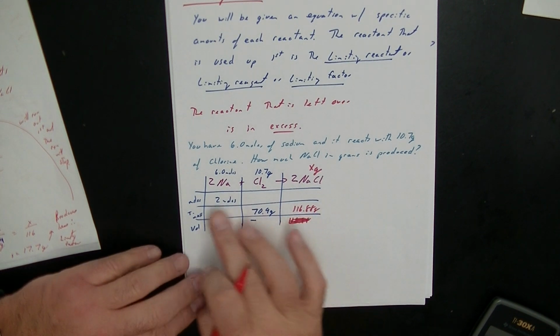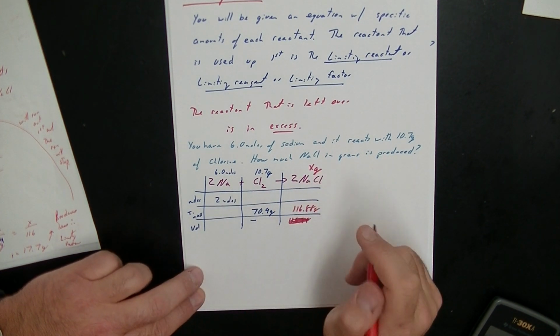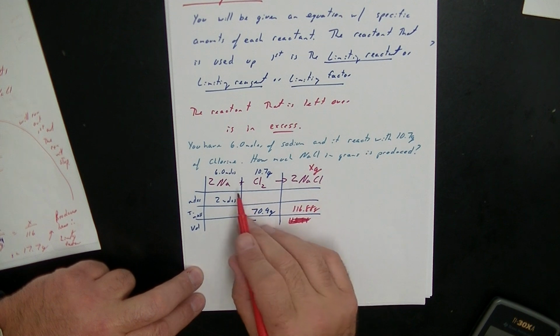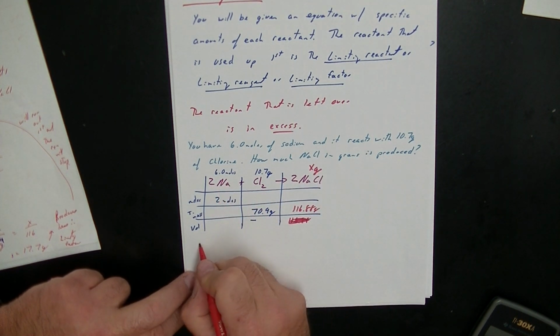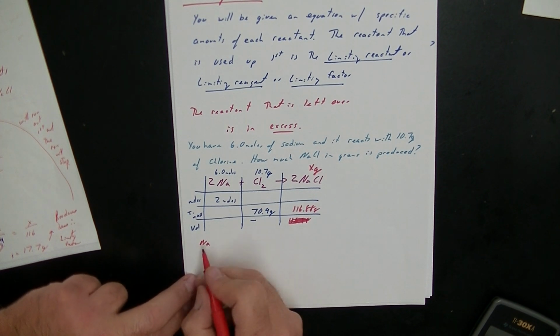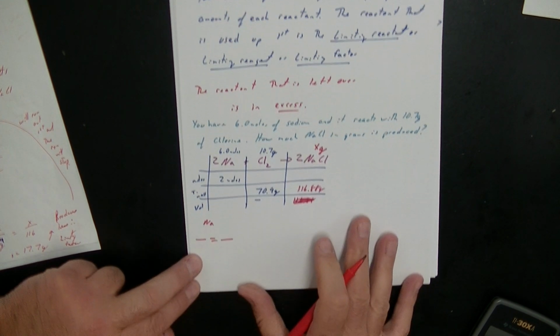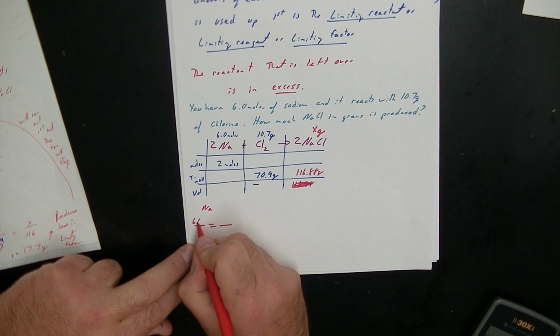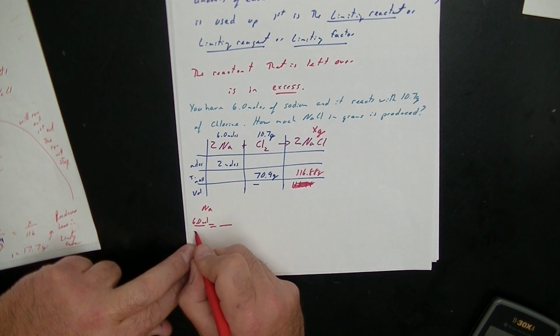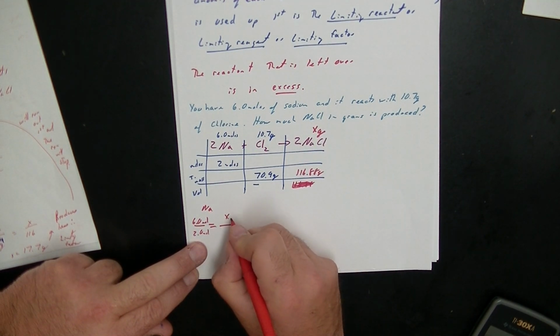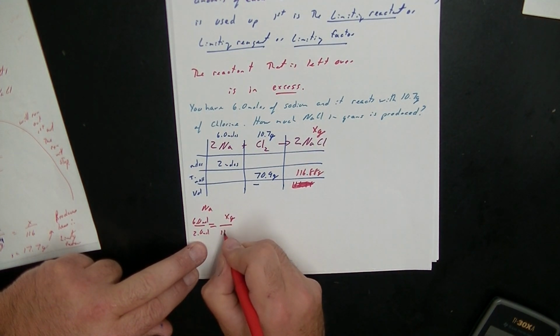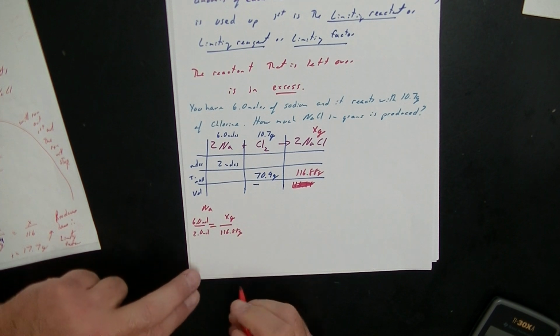So let's figure out theoretically how much NaCl should be produced if I have 6 moles of Na. I'm going to do this one first. 6.0 moles over 2.0 moles equals X in grams over 116.88 grams.